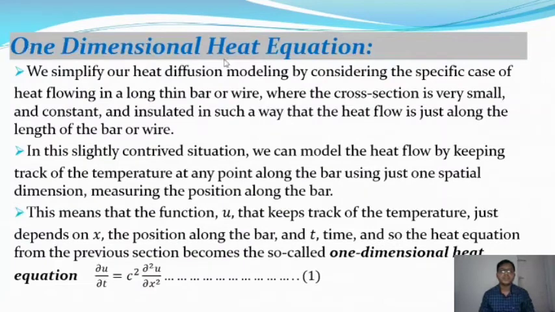Here are the details of the one-dimensional heat equation, its derivation or definition. We simplify our heat diffusion modeling by considering the specific case of heat flowing in a long thin bar or wire, where the cross section is very small and constant, and insulated in such a way that the heat flow is just along the length of the bar or wire.